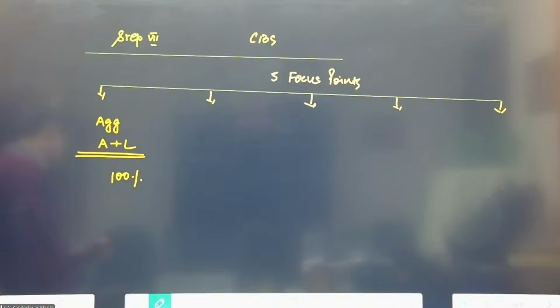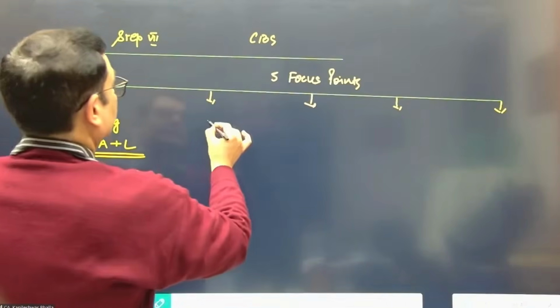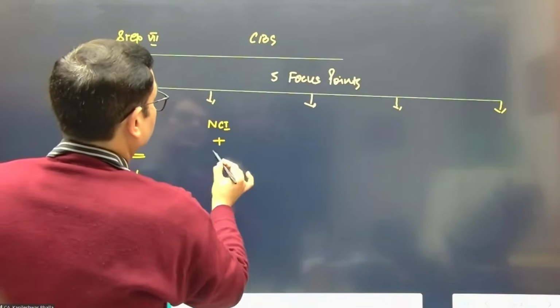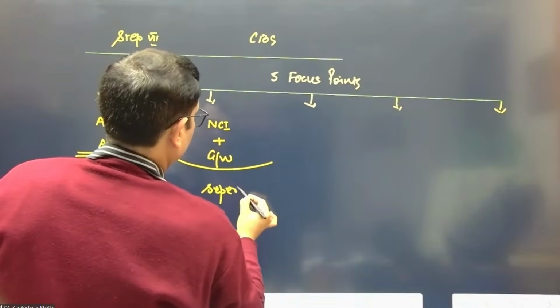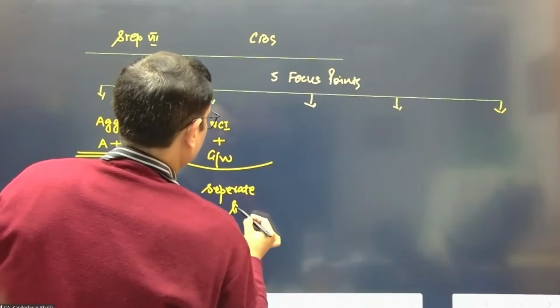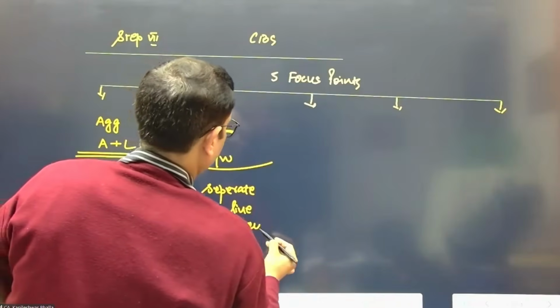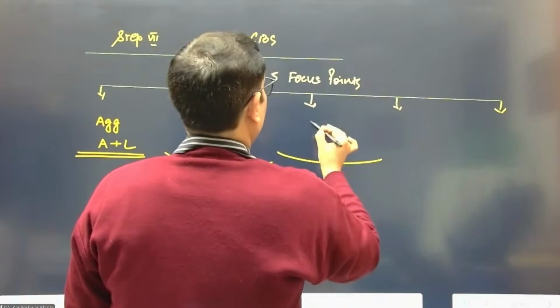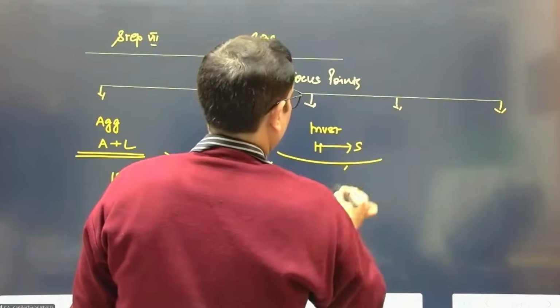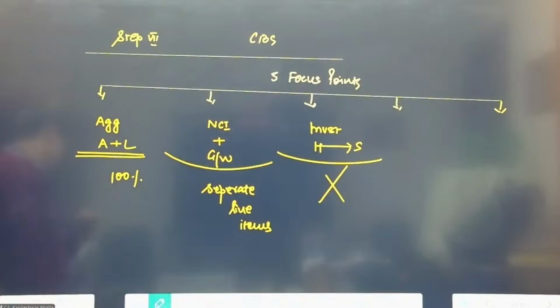Great. Next one: NCI and goodwill are separate line items. Next, the investment holding in subsidiary does not appear in the consolidated balance sheet.